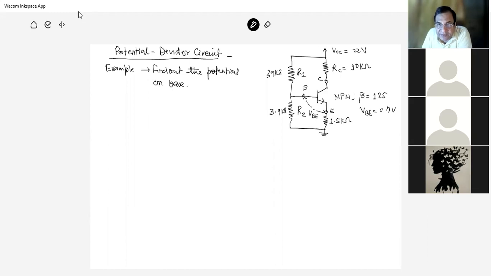So we find, you see, this one is something like this, 22 volt VCC. ये 22 वोल्ट VCC जो है वो ये दो रेजिस्टेंस के रिस्पेक्ट में डिवाइड हो रहा है. This is positive terminal and here it is ground.